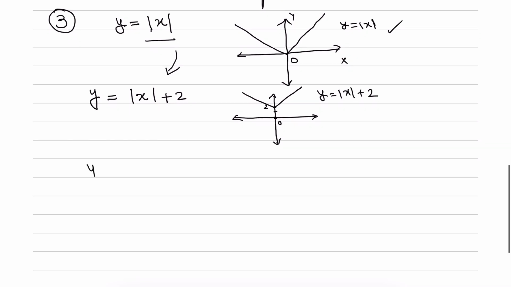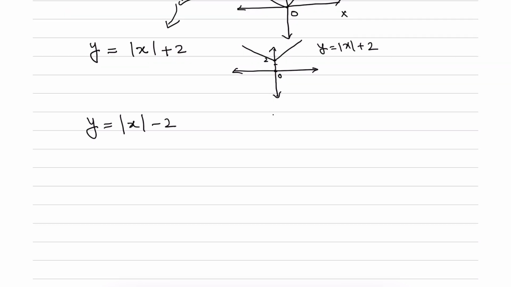Let's say you have to sketch this graph now, y equal to |x| minus 2. Is this a change in a complete function? Are you subtracting a number from a complete function on the right hand side, or from x only? Definitely it's a change on the complete function. From |x| you are subtracting the number 2.